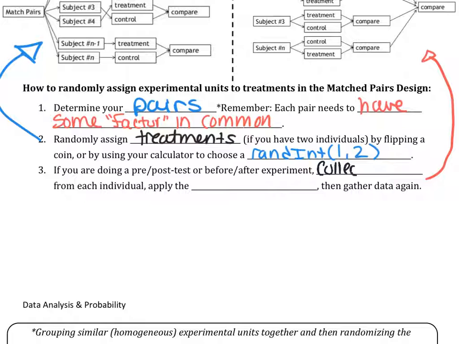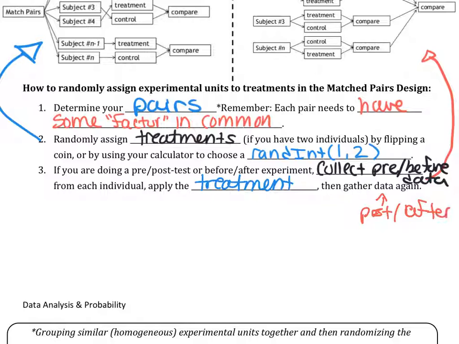So collect the pre or before data. Then you would apply whatever the treatment is that you're testing. And then you would gather data again. This would be like the post test or the after.